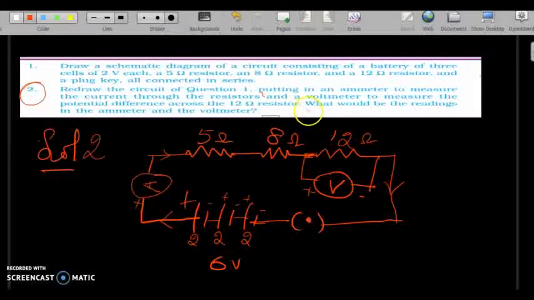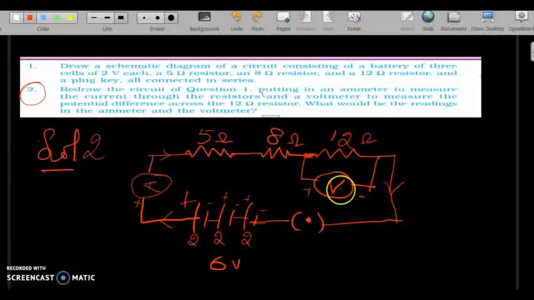Now the question is: what would be the readings in the ammeter and the voltmeter? We have to calculate it. Observe carefully, children: the current in all 3 resistors would be the same.